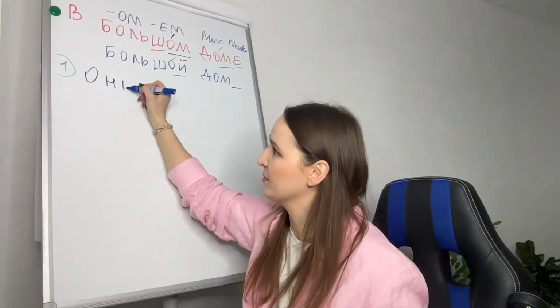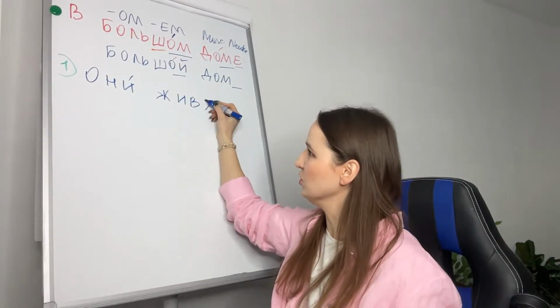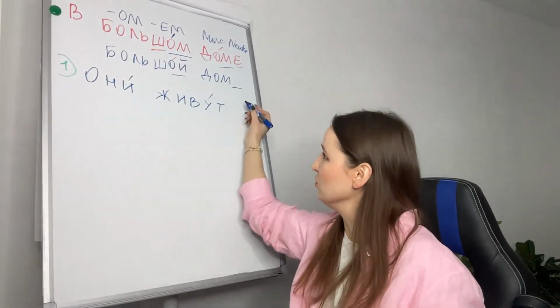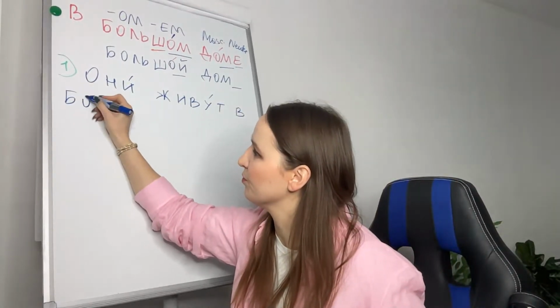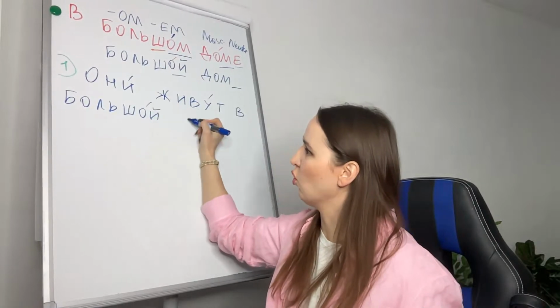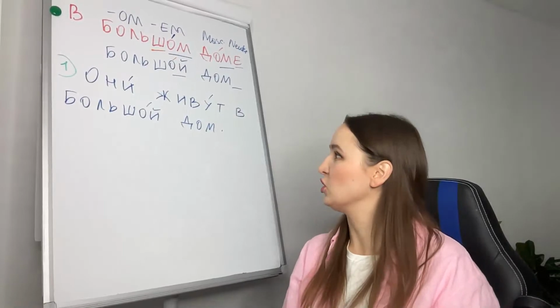Они живут. Where? They live where? Они живут в. And we have большой дом. Они живут в большой дом.